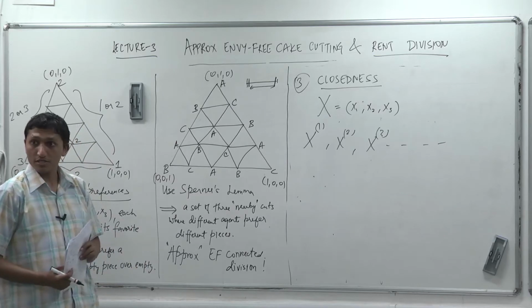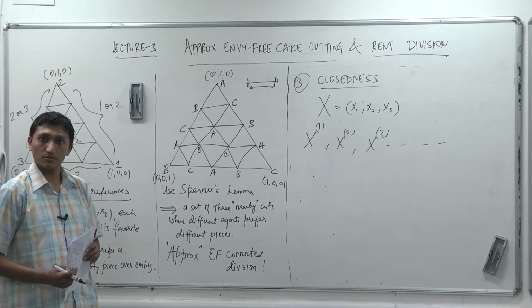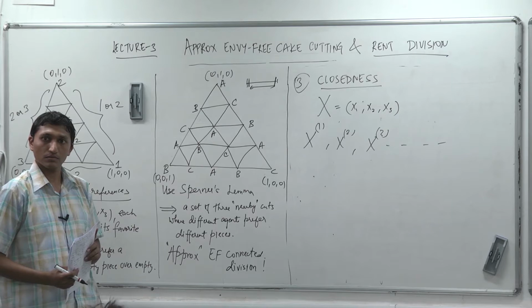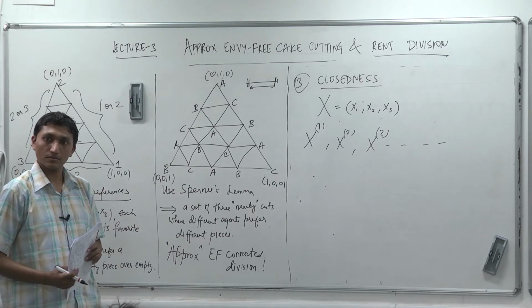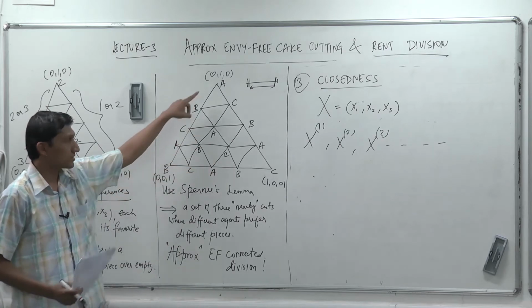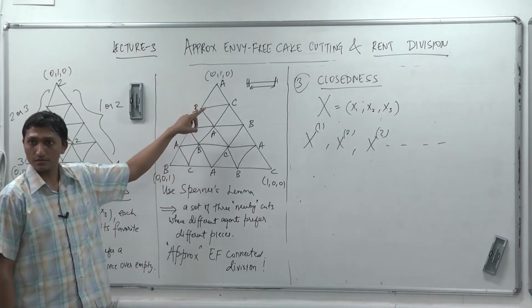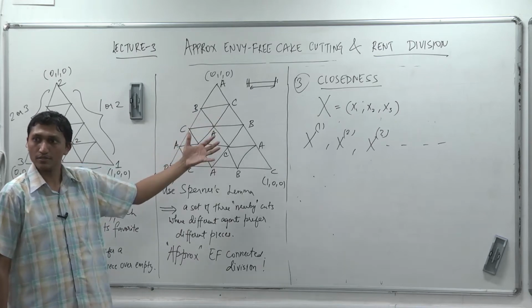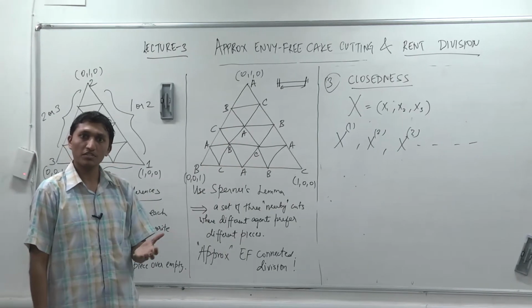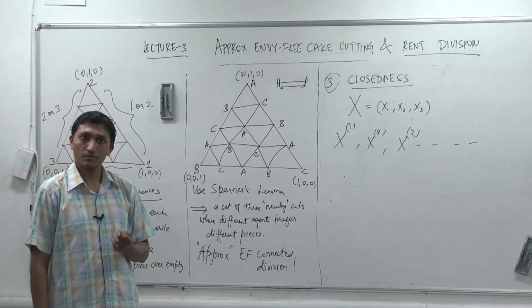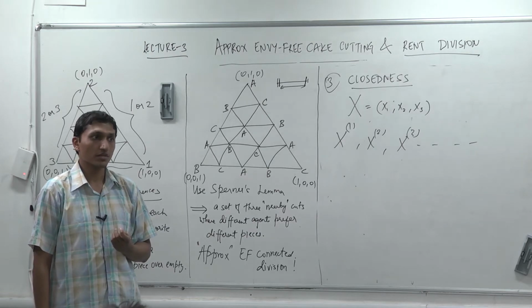Now this is a bounded sequence. Yes? Because we are working with this space, so it cannot spill outside this space, right? So any such infinite sequence is a bounded sequence. What do bounded sequences have? Convergent subsequences.